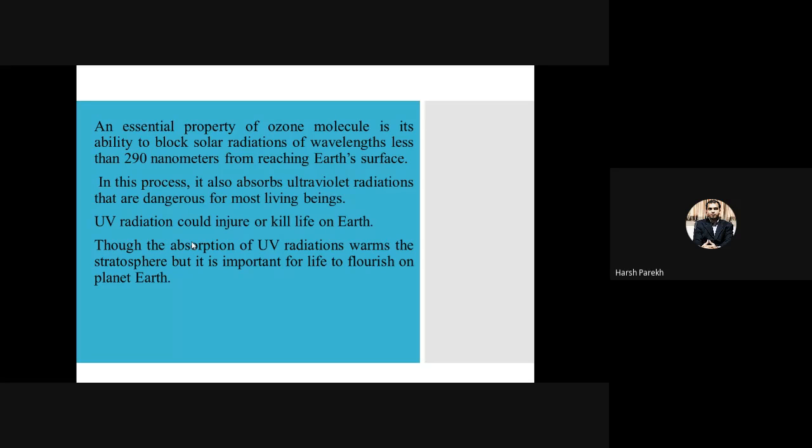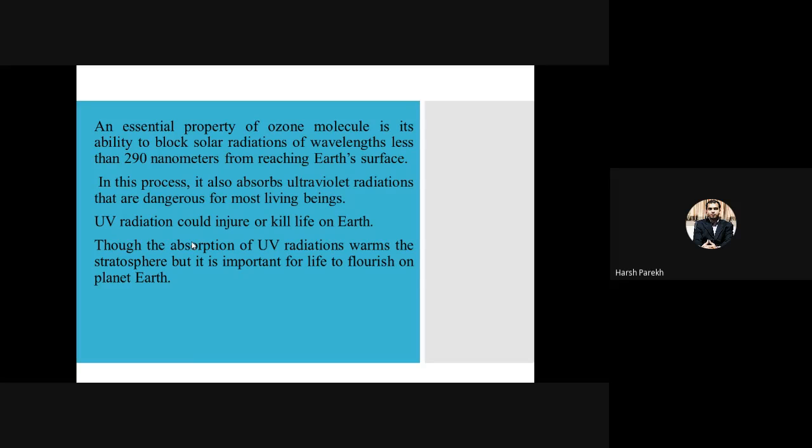So it protects us from the sun radiations having a wavelength less than 290 nanometers. In this process it also absorbs ultraviolet radiation that is dangerous for most living beings.